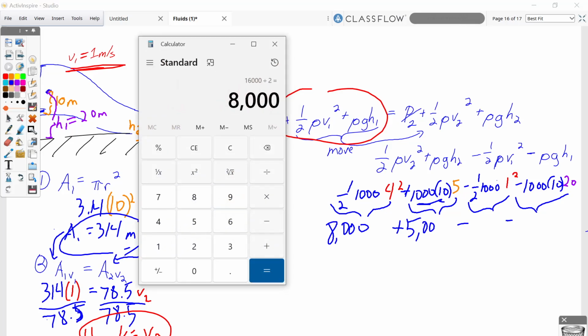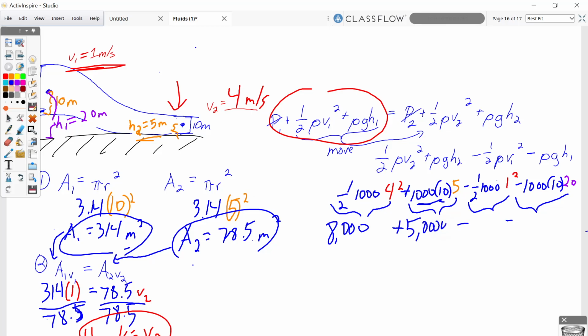Oh my gosh. So 10,000 times 5 is 50,000. I got the little comma in the wrong spot. 50,000. Looks like 500,000.